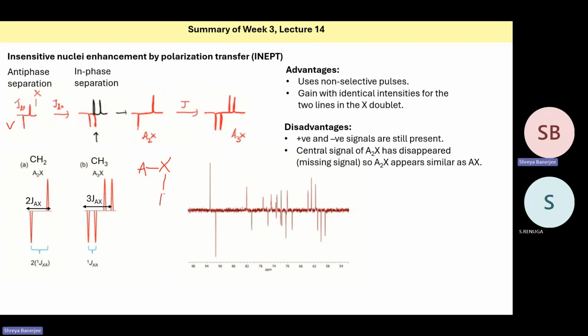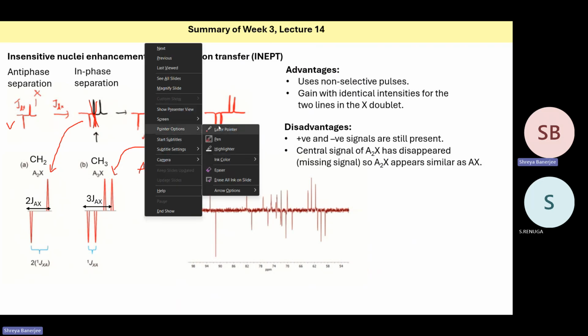Now, if X is interacting with another A, the negative signal will split into two, and the positive signal will also split into two. It will give this kind of a signal, and the middle part will cancel out. So you have one negative and one positive signal, and the middle signal is cancelling out because it's equal positive and negative. Then if you have another A, again the lower will split into two and the upward will split into two. That is the A3X, which is here.